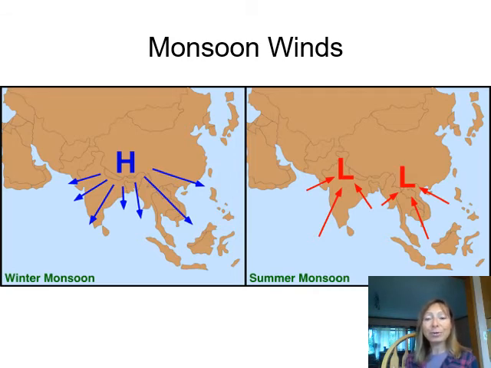During the summertime, it's the ocean which is cooler, and so we have relatively higher pressure forming over the ocean and lower pressure forming over the continent. During this time, we have a very intensive opposite movement, when the air is moving from the high pressure over the Pacific and Indian Ocean into East Asia, Southeast Asia and South Asia, bringing lots of moisture.